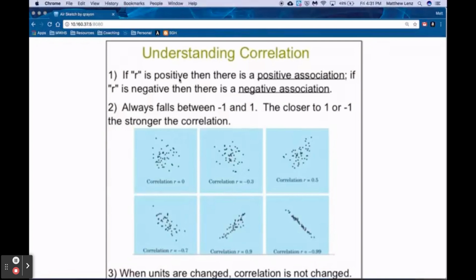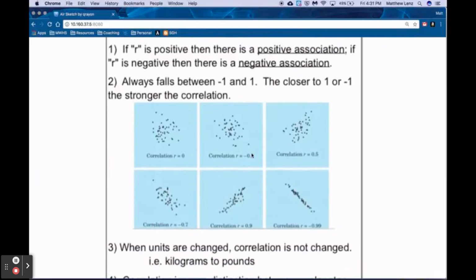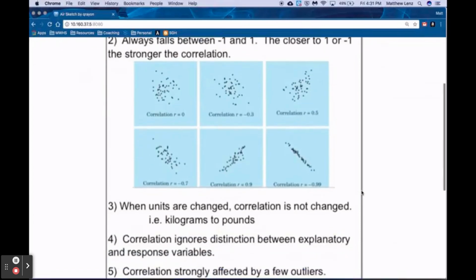If the r is positive, so if it's a positive number, then that's a positive association. If it's a negative number, then that's a negative association. Again, it always falls between -1 and 1, and the closer to 1 or -1 it is, that means the stronger correlation there is. So I have a couple different examples here for you to look at.